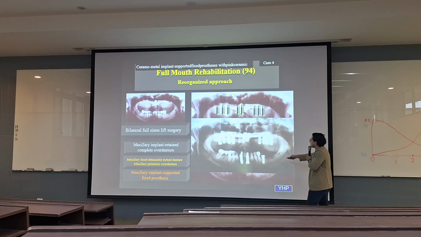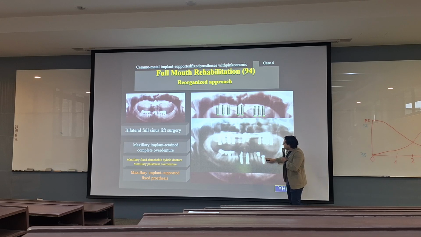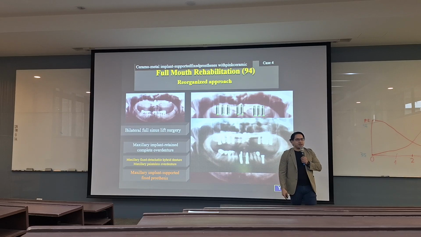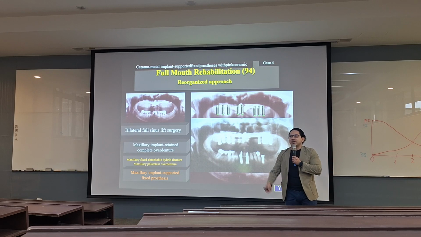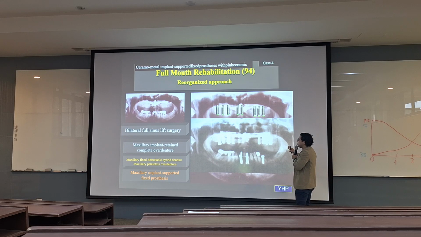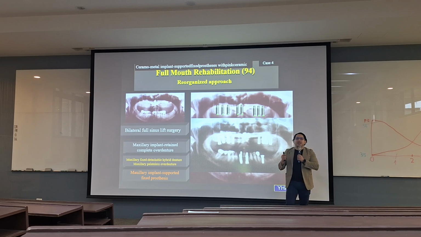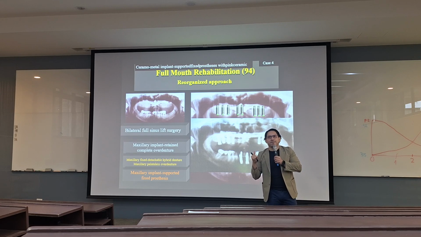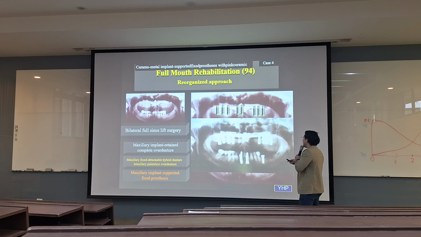But there will be some cases where your bone in the posterior is not good enough, and you can just put 2 dental implants in the maxilla. Can you put all-on-2? Yes, you can. Usually the minimum that we say nowadays is, if you're doing the maxilla, you need at least 6 dental implants as a minimum, if you want to keep that complete denture with the dental implants.